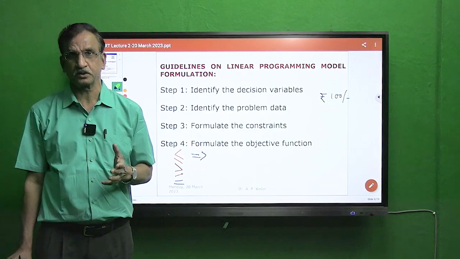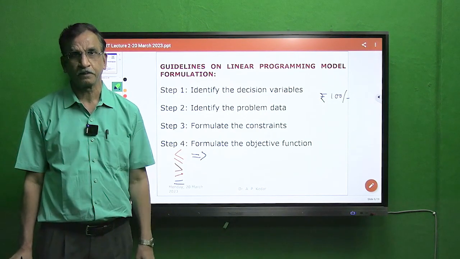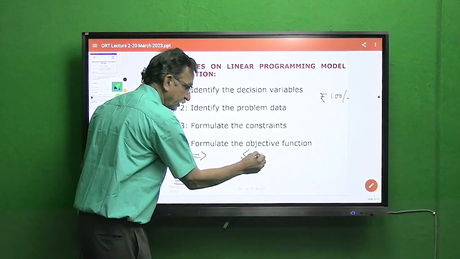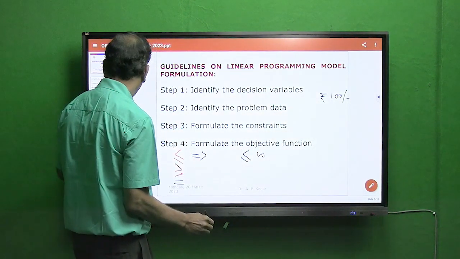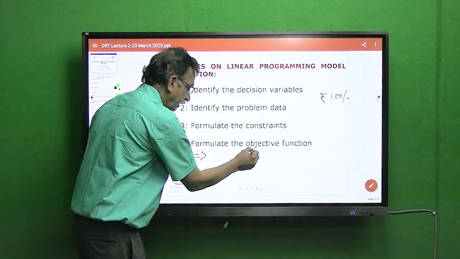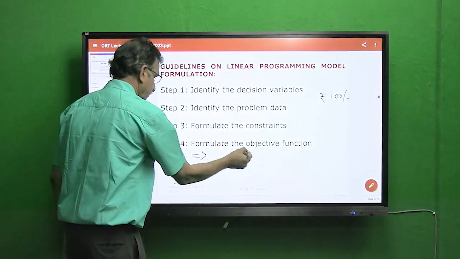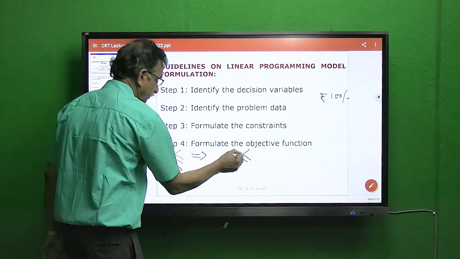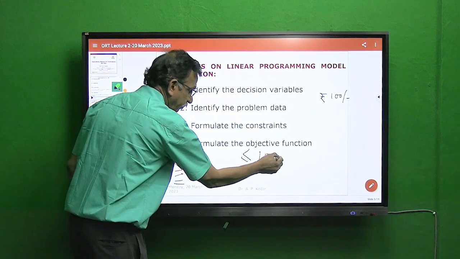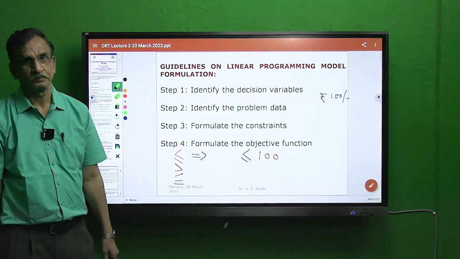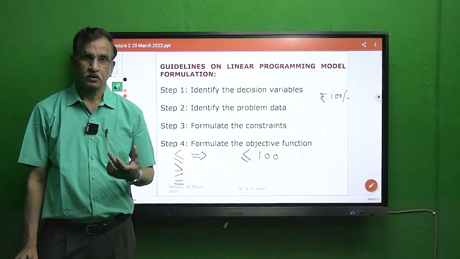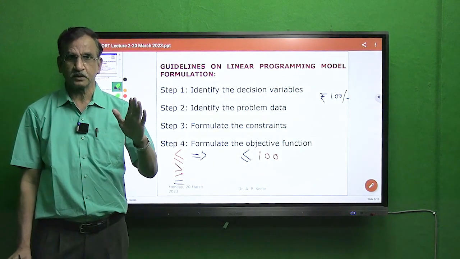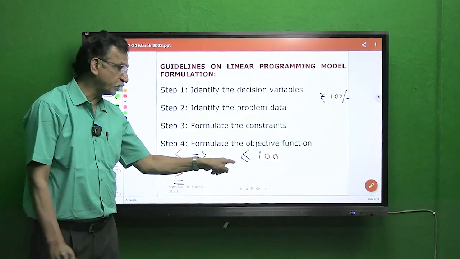So I can express this plain sentence as I am having less than equal to 100 rupees, because 1 is less than 100, 10 is less than 100, 99 is less than 100, and 100 is equal to 100.